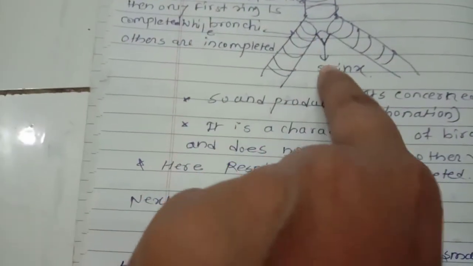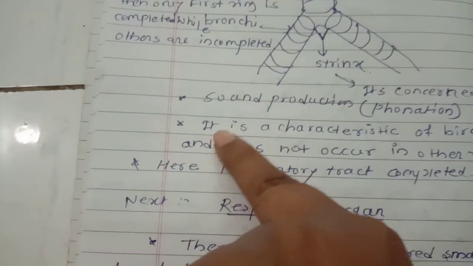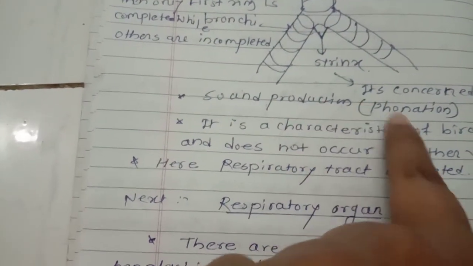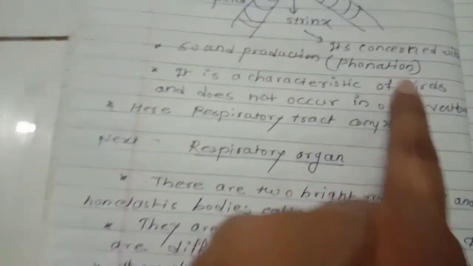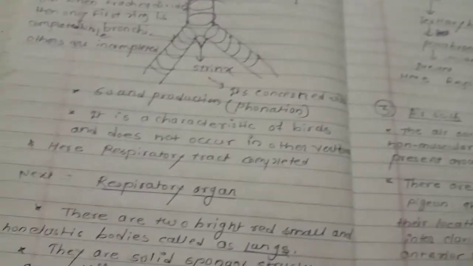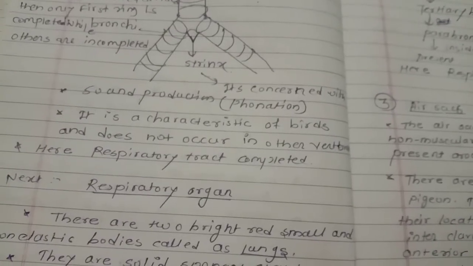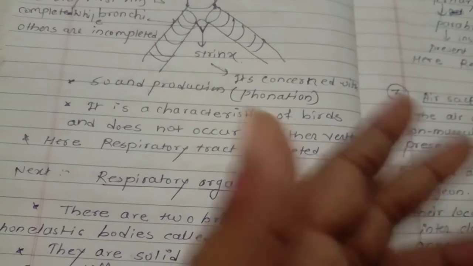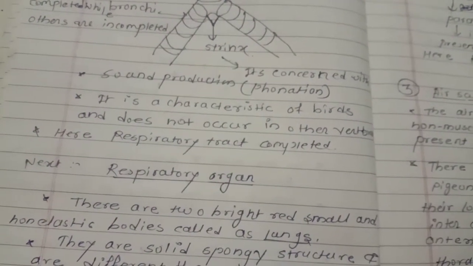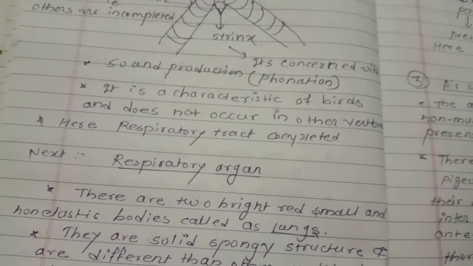So what is this syrinx? The syrinx is concerned with sound production, or is called the phonation organ, and it is a characteristic of birds and does not occur in other vertebrates. It produces sound, like in pigeon it produces gutur-gu, and another bird produces another type of sound.